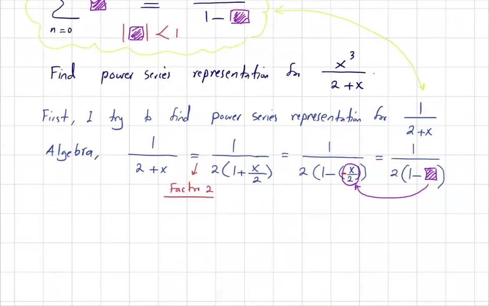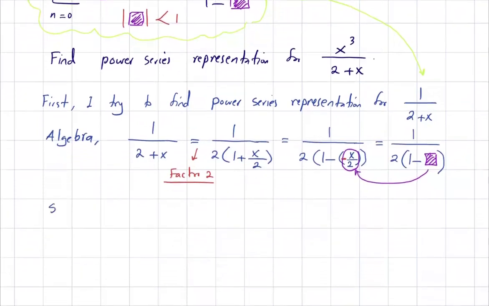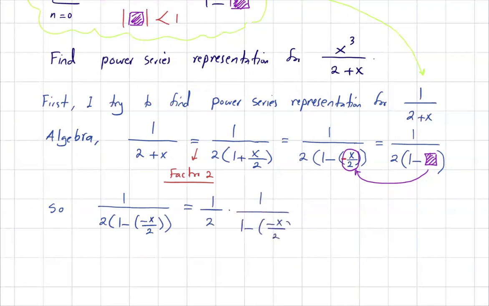So 1 divided by 2 times 1 minus negative x over 2 can be written as, I'm going to write a half in front of this quantity, 1 divided by 1 minus negative x divided by 2, and follow the pattern.